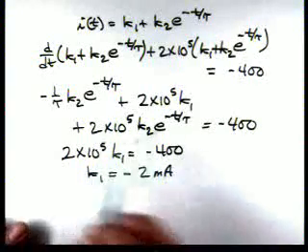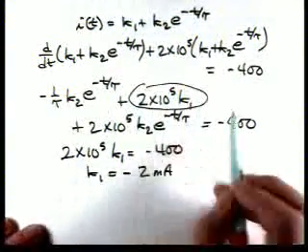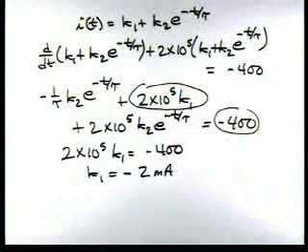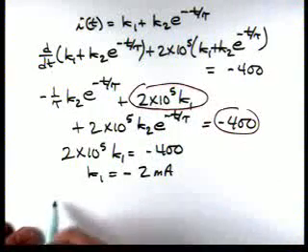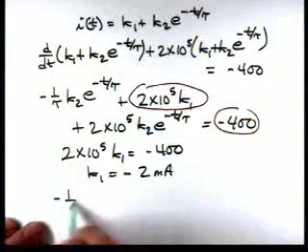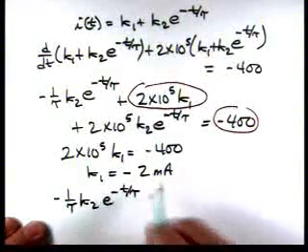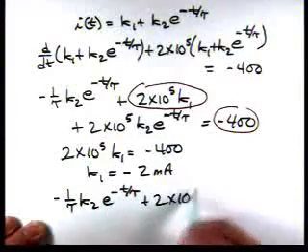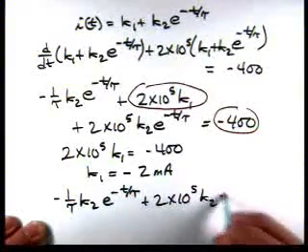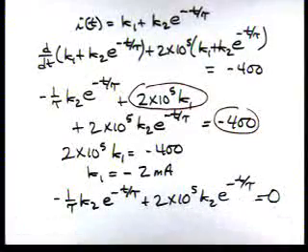And that's equating these two terms. And then if we look, we have minus 1 over tau k2 e to the minus t over tau plus 2 times 10 to the 5th k2 e to the minus t over tau has to equal 0.